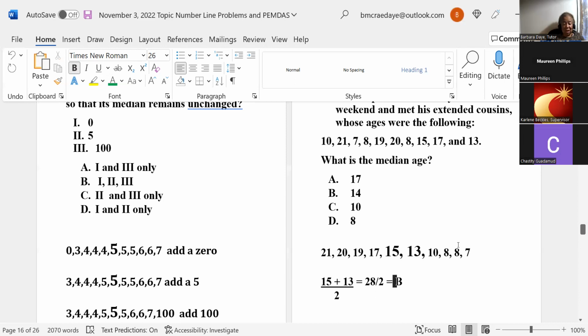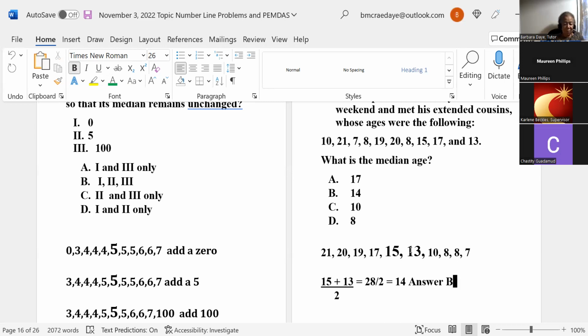That's just what I normally do. But it works both ways. It could be ascending, increasing, or descending, decreasing. But they have to be in order. So the answer you said was 14, and 14 is answer B.